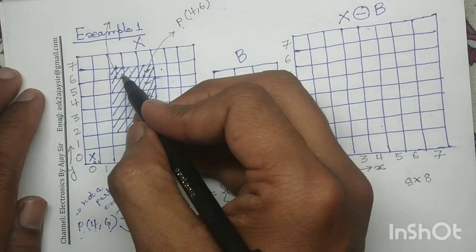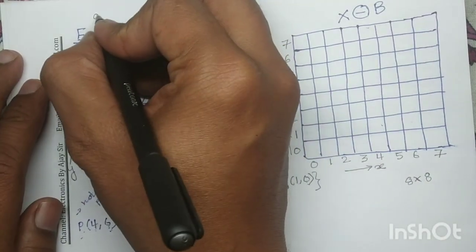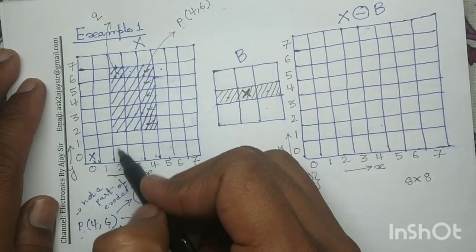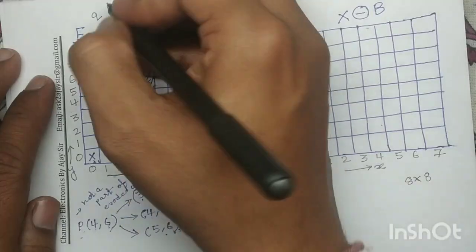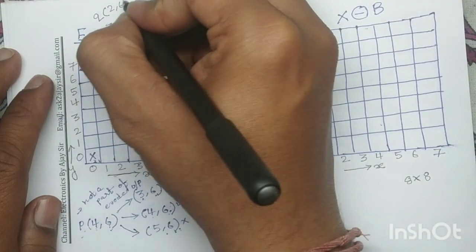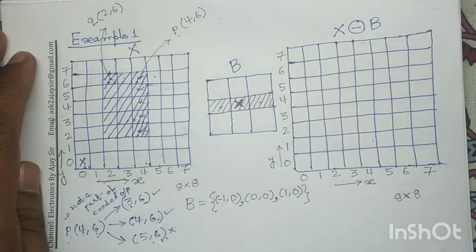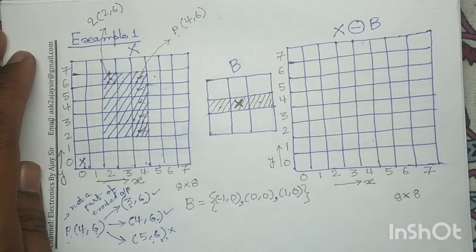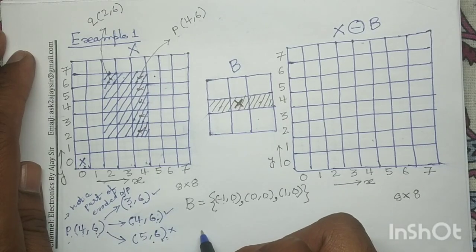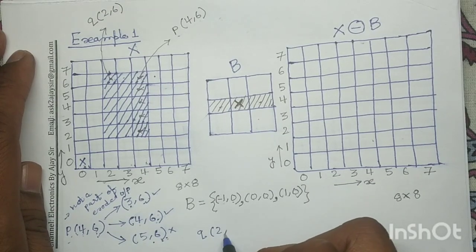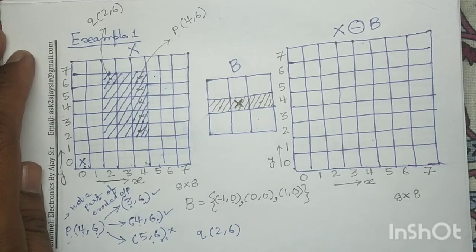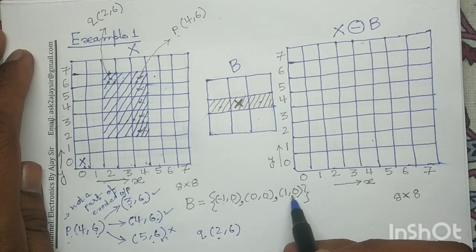We will mark this pixel as Q, and the coordinate of Q are 2, 6. So a similar procedure we will repeat for Q also. Q having the coordinate 2, 6, we have to perform the vector addition of 2, 6 with -1, 0, 0, 0 and 1, 0.